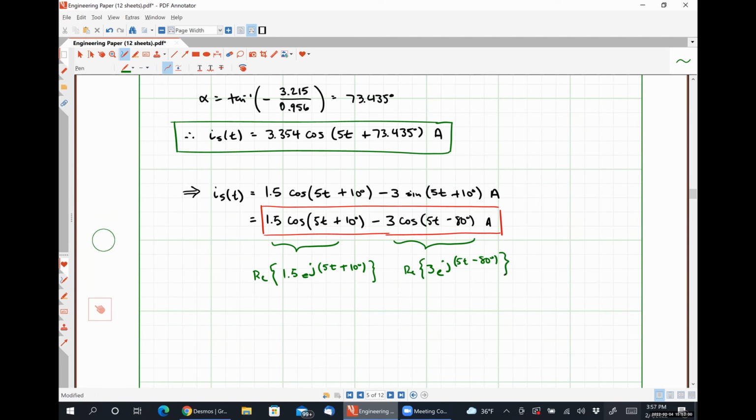So what I would like you guys to do is get your calculators out, if you don't mind, and do the following complex operation: 1.5 angle 10 degrees minus 3 angle negative 80 degrees.